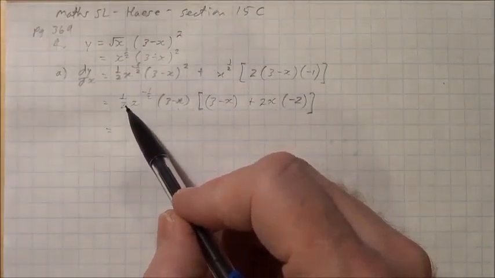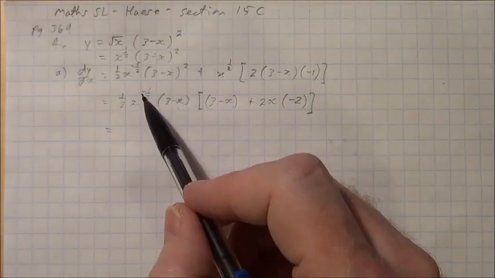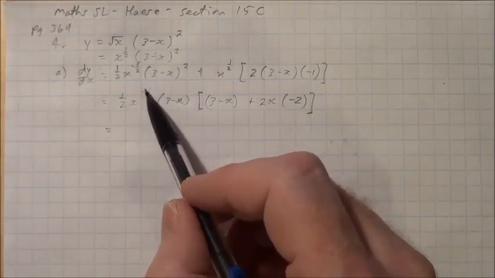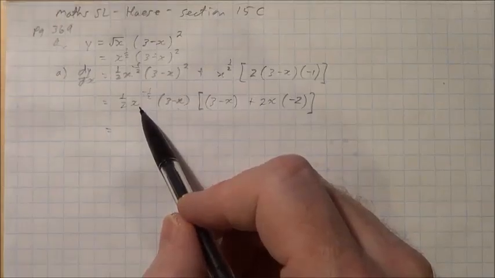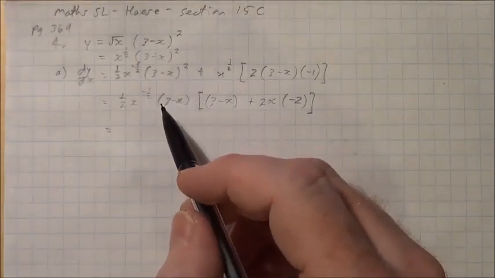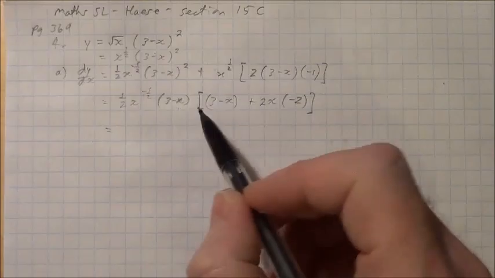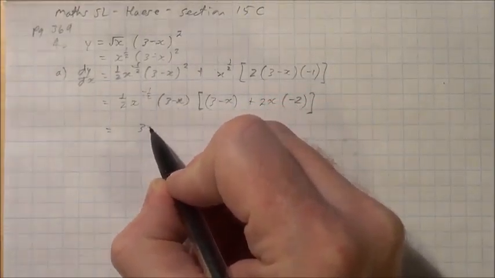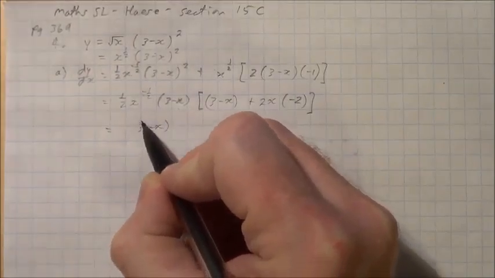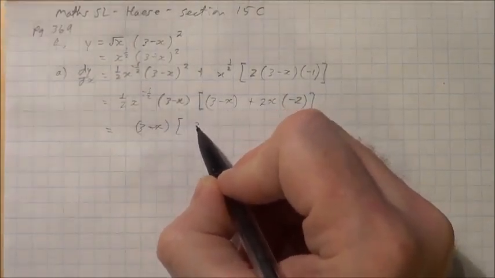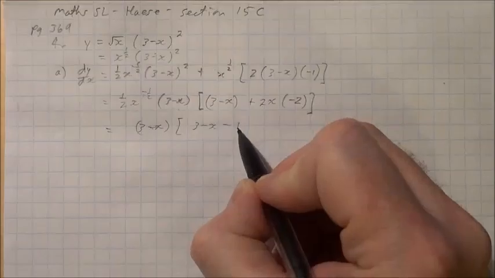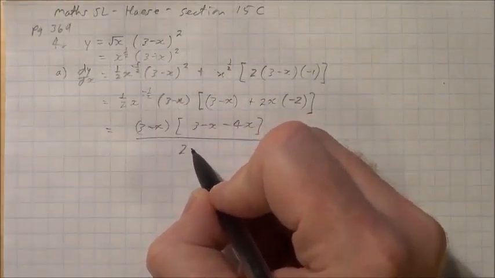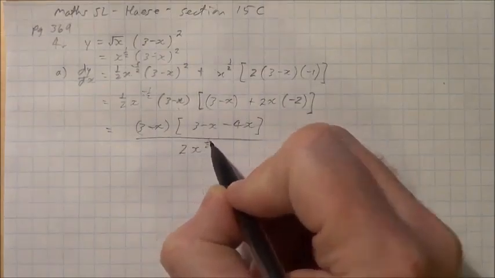Then I'll simplify a little more. This 2 is already in the denominator, and the negative means this part will go into the denominator. I multiply this together here, so I leave this 3 minus x, and then I have 3 minus x here, minus 4x, all over 2x to the 1/2.